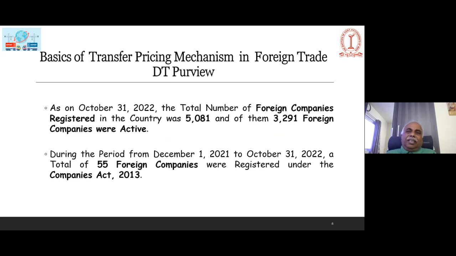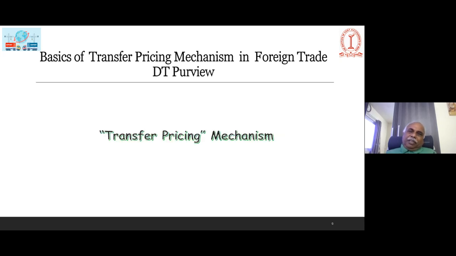This is the potentiality of the companies where we are going to handle the transfer price mechanism, whether it is an audit or verification or uploading of various returns. All these things, this much potentiality is there in the transfer price mechanism. What is a transfer price mechanism?